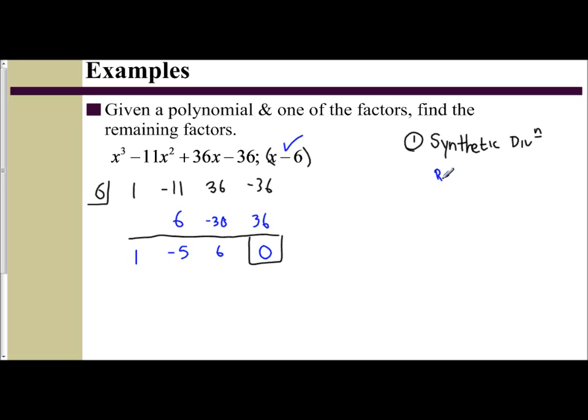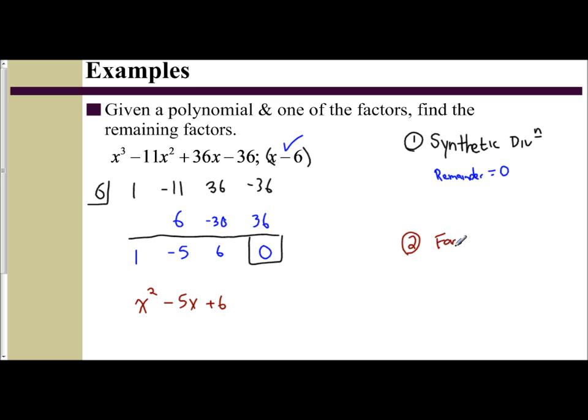So we want to make sure when we're told we have a factor, our remainder should equal 0, and it does. Now you take a look at what the polynomial is that remains, which is x squared minus 5x plus 6.